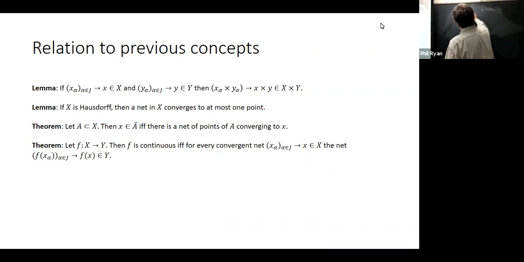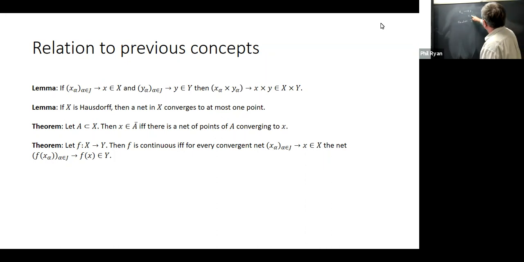So if x1 doesn't equal x2, that means by Hausdorff, there exist disjoint neighborhoods U1 and U2, such that what? So the intersection is empty, but the fact that x alpha goes, so maybe I should use different indexes there.